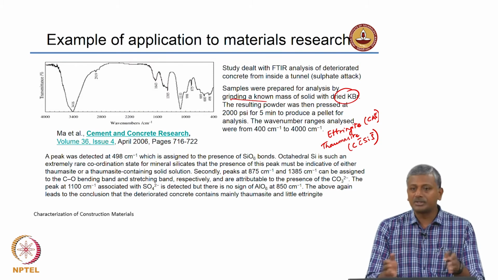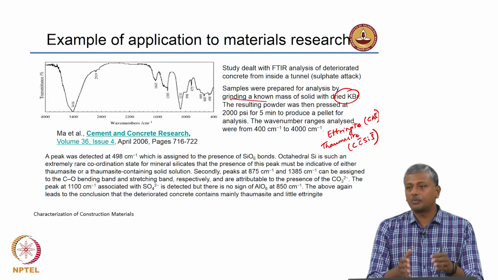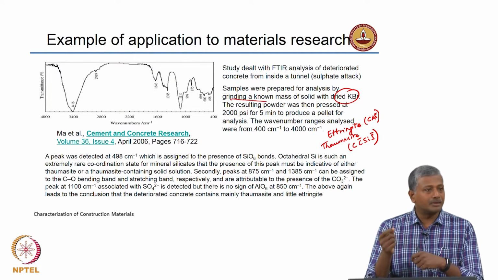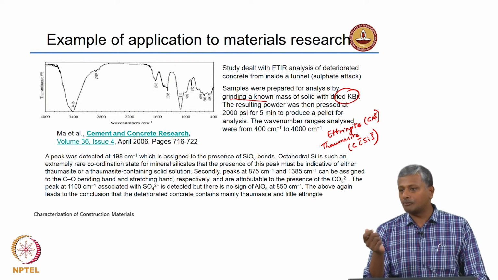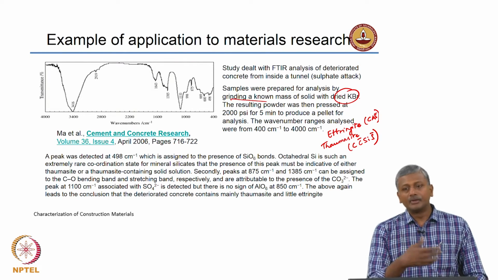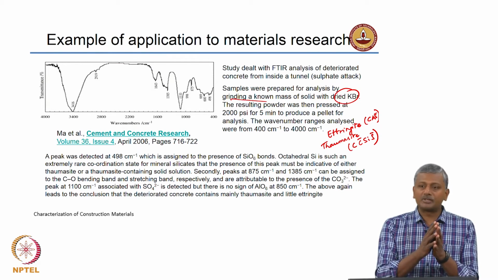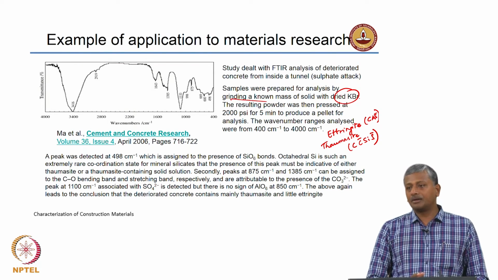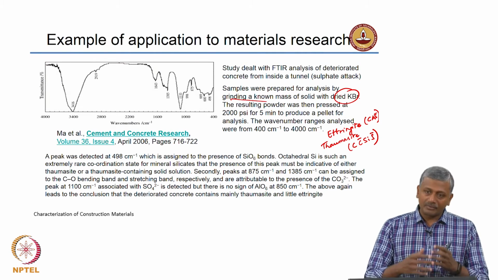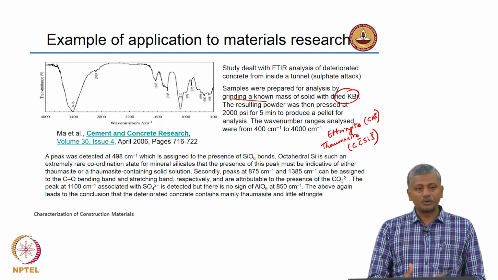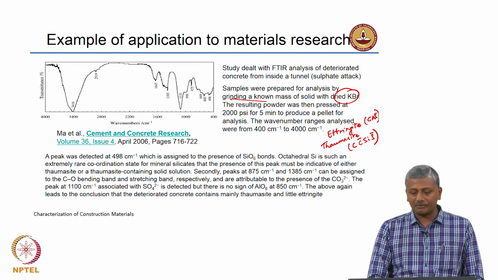For viewing solid systems, use of potassium bromide as a dispersant ensures that your sample is well distributed in the matrix. It is a very well known and very popular idea, because it does not create any interference in that range.